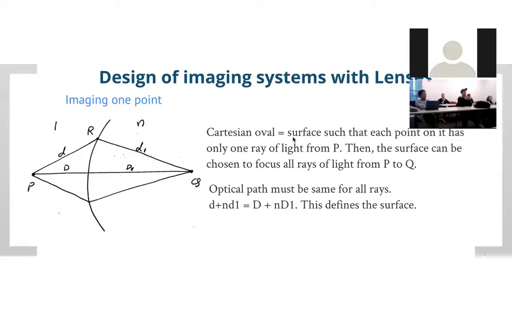Okay, it is essentially the surface such that each point on it has only one ray of light from P. So each point here, like R, has a ray of light from P, which is this straight line right here.